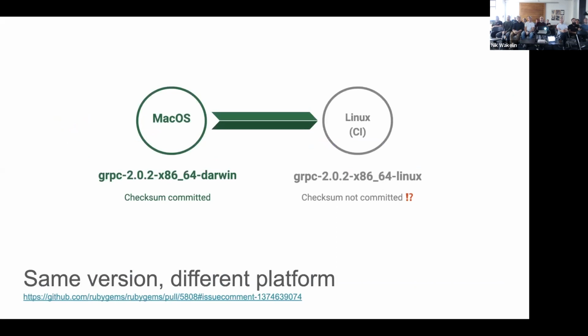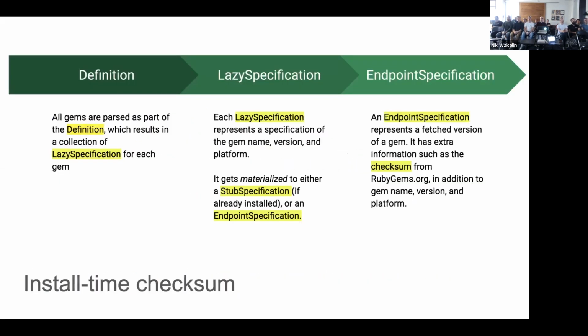Cool. So that all works nice and good until I realized something. If you notice the endpoint specification, it represents the fetched version of that gem, and that fetched version of the gem is specific to the gem, the version, and the platform. So if you're installing Nokogiri, it will only fetch Nokogiri for your laptop, which is macOS. It won't fetch any information about the Nokogiri gem for Linux.